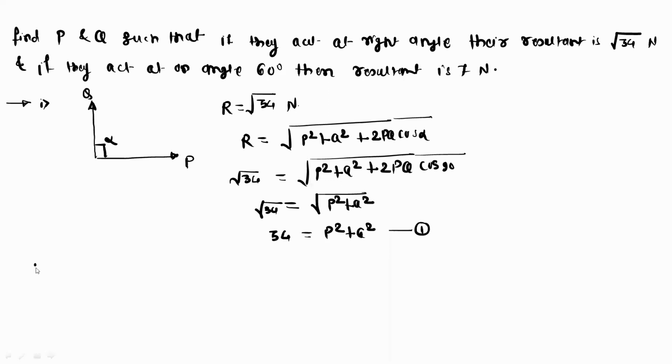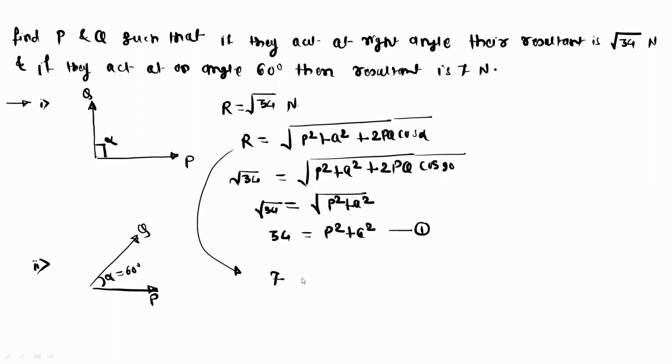Now refer to the second condition. When the forces P and Q act at 60 degrees, their resultant is equal to 7 Newton. This is the second condition. This is P and this is Q. The angle alpha between the two forces is 60 degrees. So use the same relation for resultant.